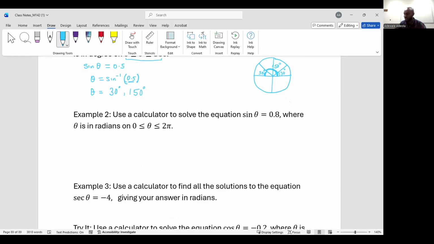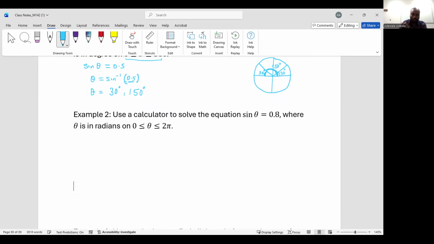So what about this now? Let us work in radians now. So we do the same thing, and I'll be faster now. Sine theta equals 0.8. So theta is sine inverse of 0.8.